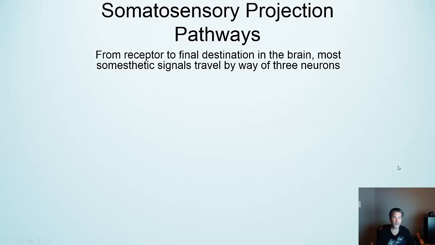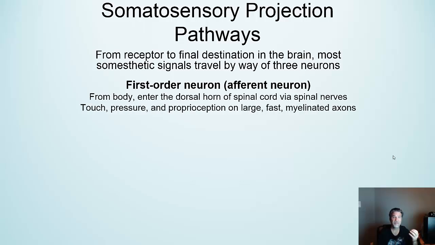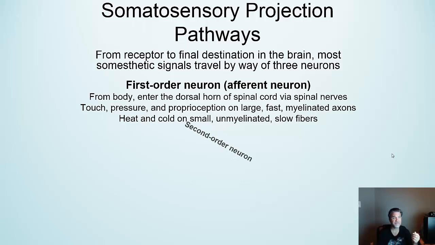Okay, so how are these projecting? Just a reminder again of how these work. The first order neuron carries the information from these receptors to the spinal cord, and they're going to be very fast typically. However, temperature and some pain sensations are transmitted via the type C or unmyelinated fibers.